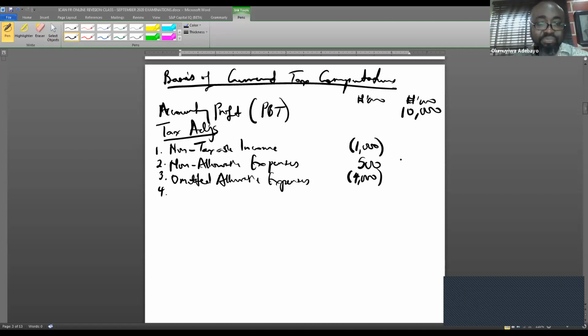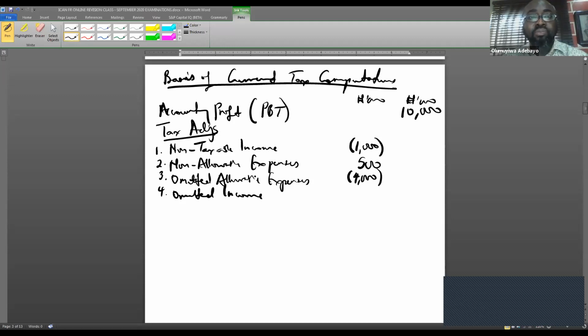The final group is income that is deemed omitted. Now, income deemed omitted are items that are not recognized as income in the books for accounting purposes, but for tax purposes, such items are considered income for tax determination.